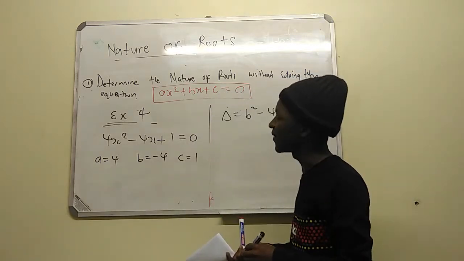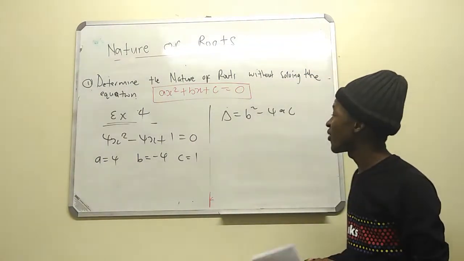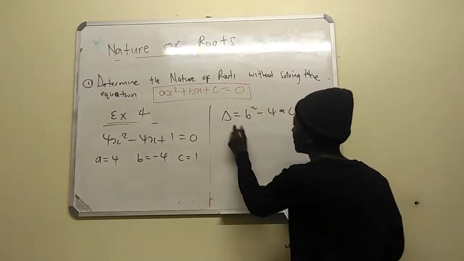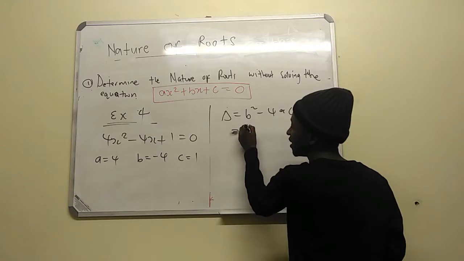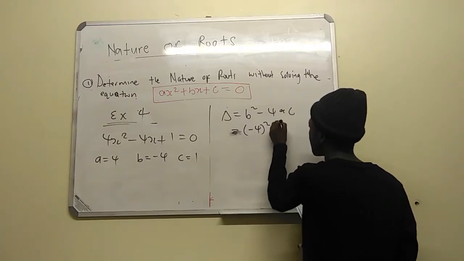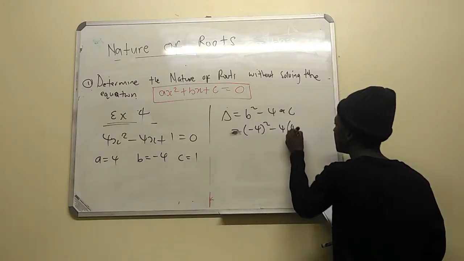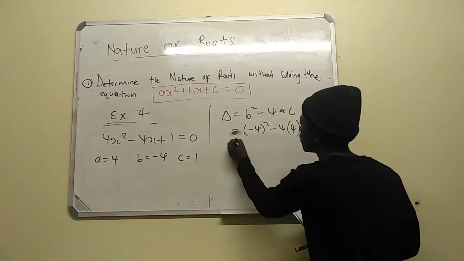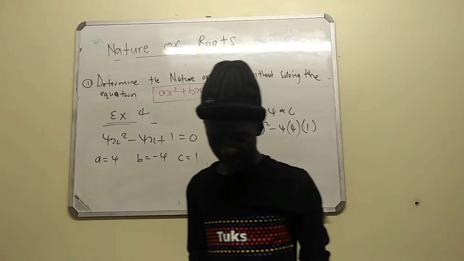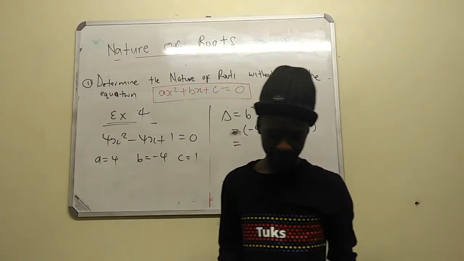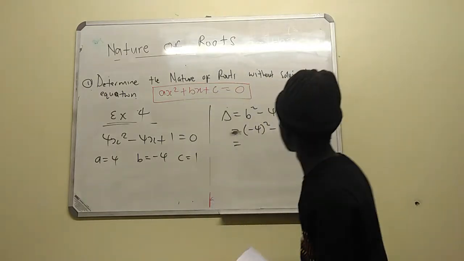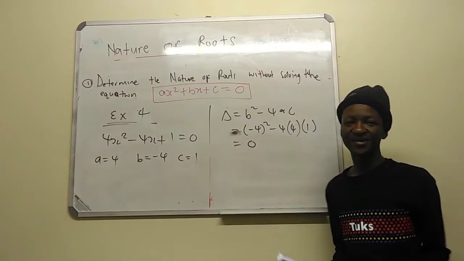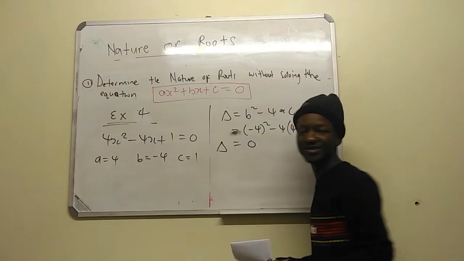So we substitute. The value of b is minus 4, squared, minus 4, then a is 4, and c is 1. When you substitute this, you are getting 0. So my delta is equal to 0.